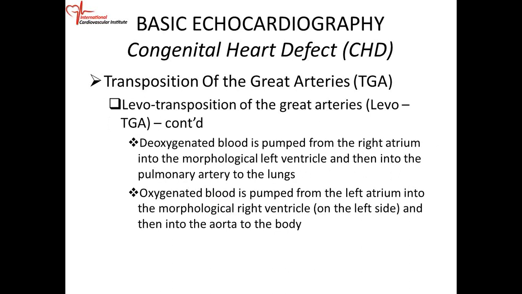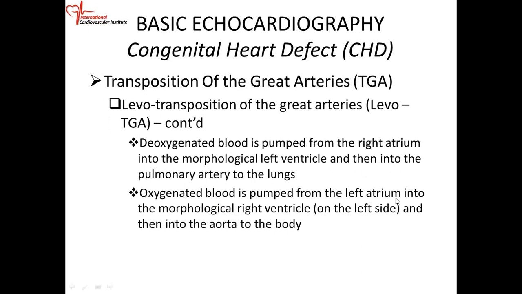But you have to remember that the RV and the LV are essentially on the opposite side. So deoxygenated blood is going to be pumped from the right atrium into the morphological left ventricle and into the pulmonary artery.